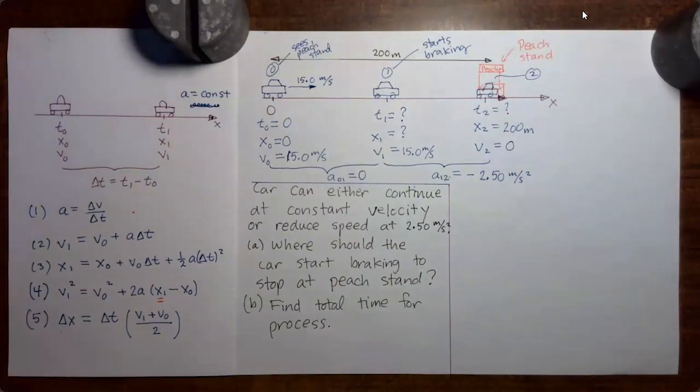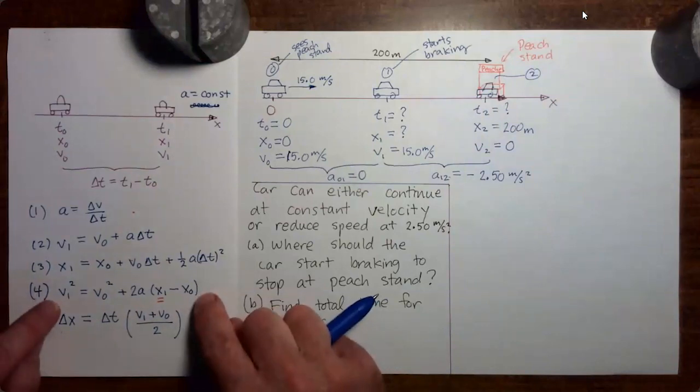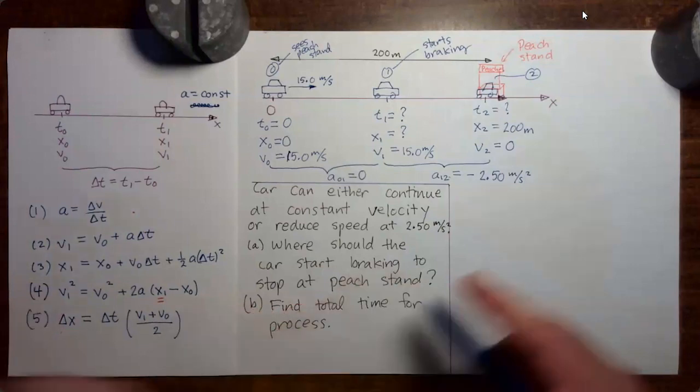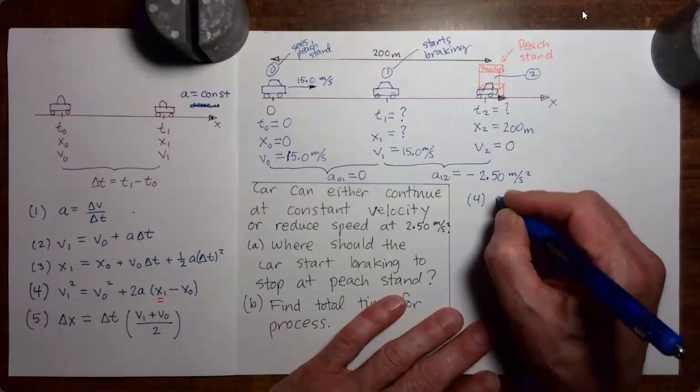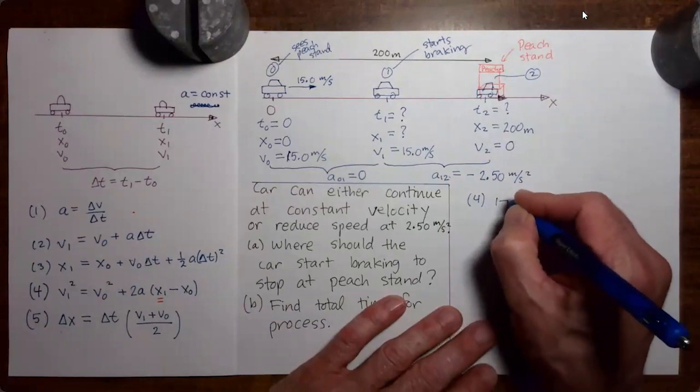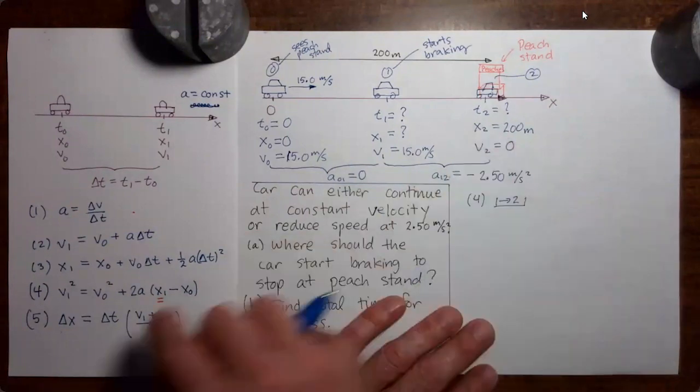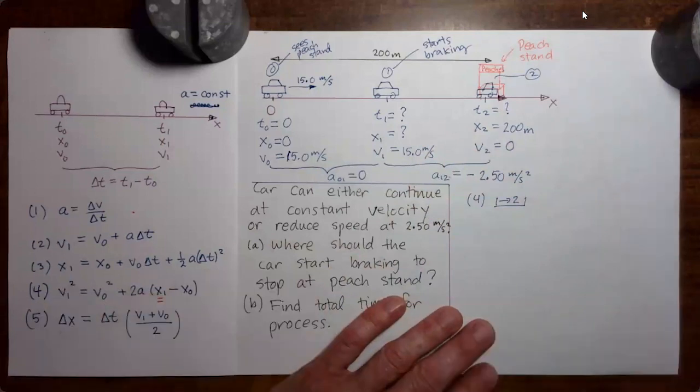What we want to do is take these equations and change them so that they connect 1 to 2. And if you do that, you'll find that equation 4 turns into something where x1 is the only unknown. So that's what we're going to do here. We're going to take equation 4, except we're going to rewrite equation 4 so that it connects 1 to 2. And we do that by changing the zeros to ones and the ones to twos.